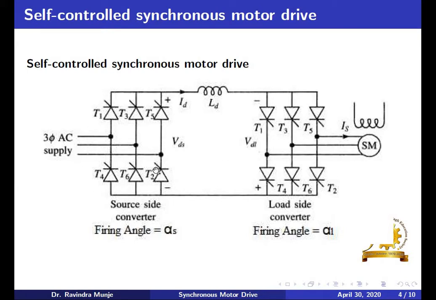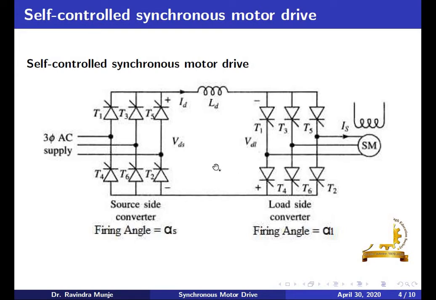Now for source side converter we have a firing angle as alpha S, and for load side converter we have a firing angle as alpha L. So alpha S is the firing angle of the source side converter and alpha L is the firing angle of the load side converter.